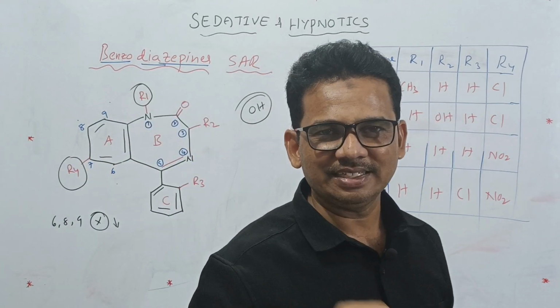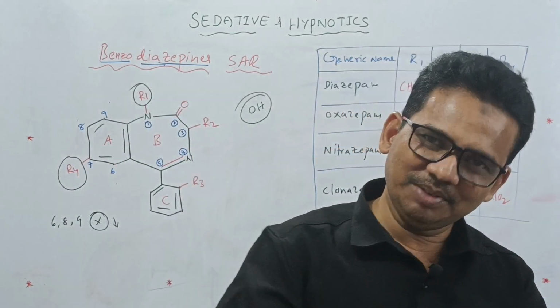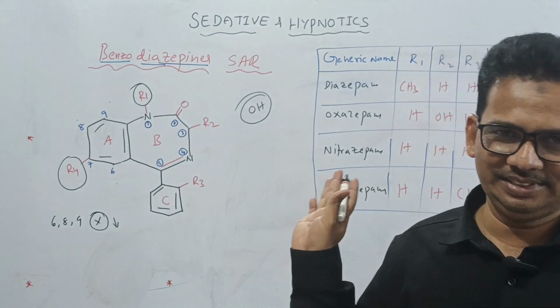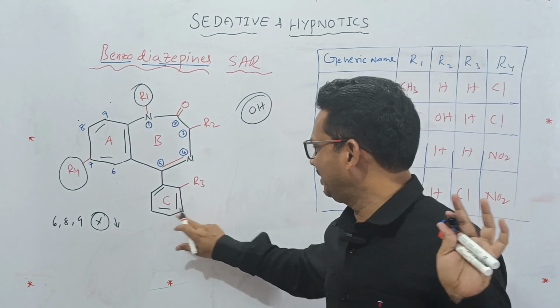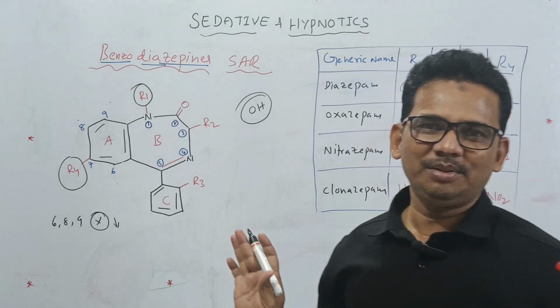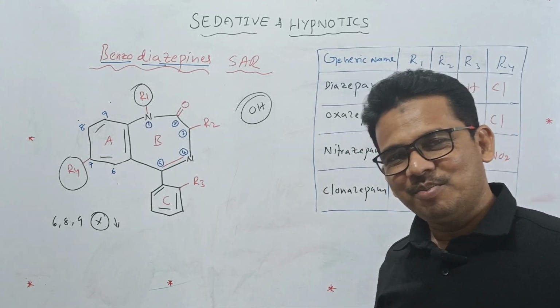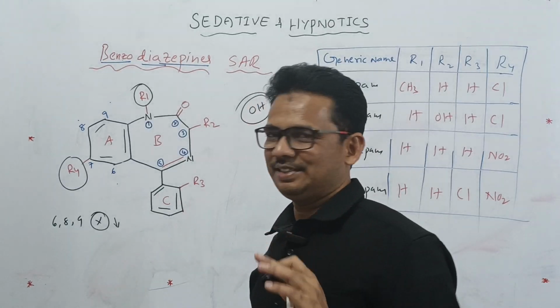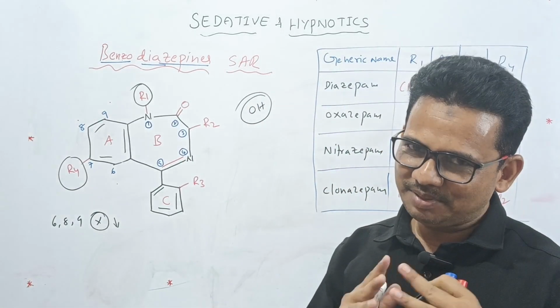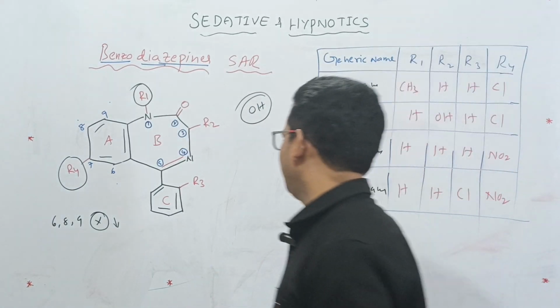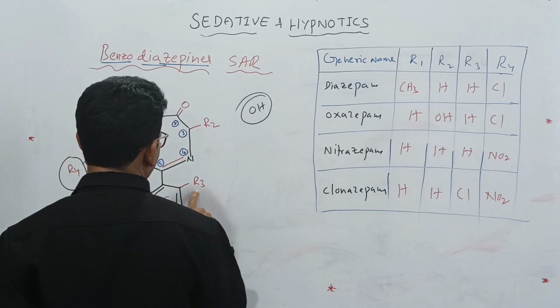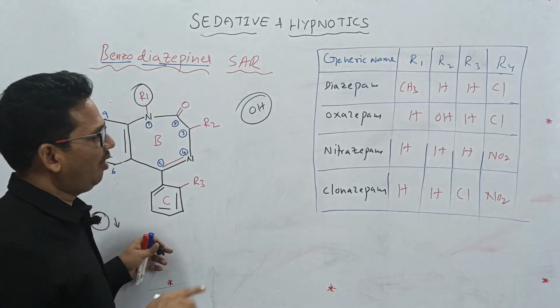A phenyl ring always increases the lipid solubility, because each carbon is responsible for increasing lipid solubility. That's why biological activity also increases, because binding affinity with the receptor also increases. That's why the presence of this phenyl ring is very important.